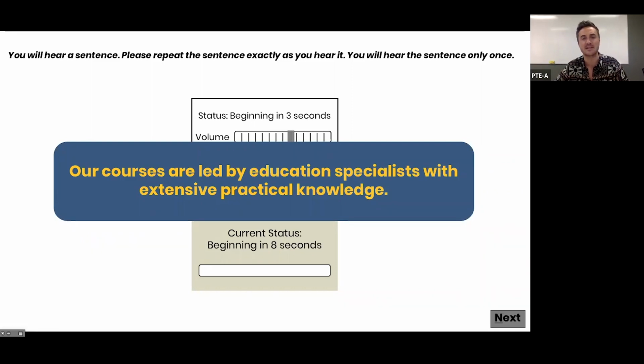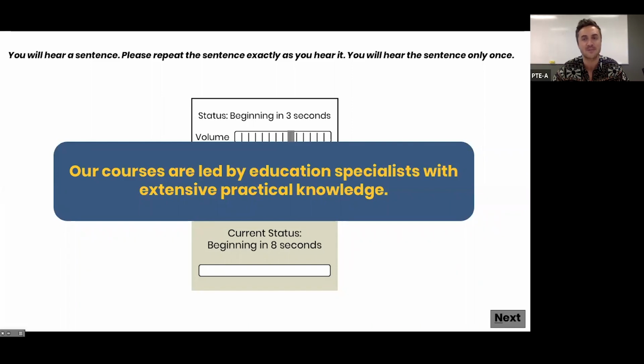Ultimately, though, repeat sentence is a test of your vocabulary and grammatical knowledge. It's not about knowing grammar, like knowing what a verb tense is. It's about how good you are at using vocab and grammar. Because you're not memorizing individual words here.